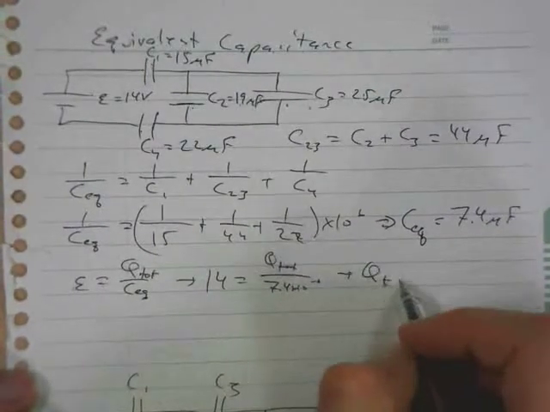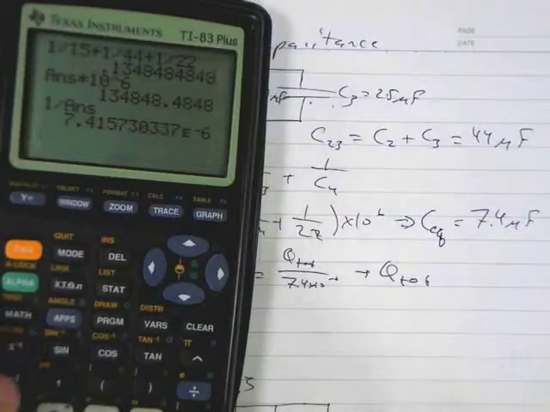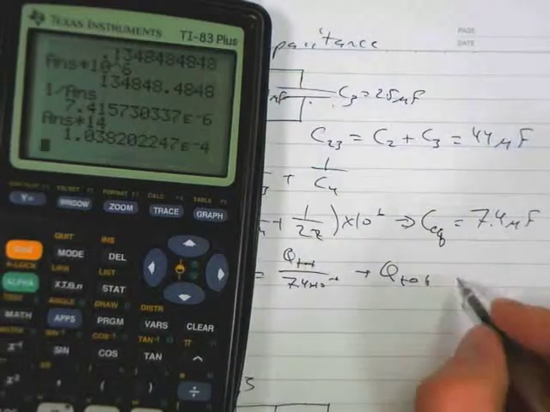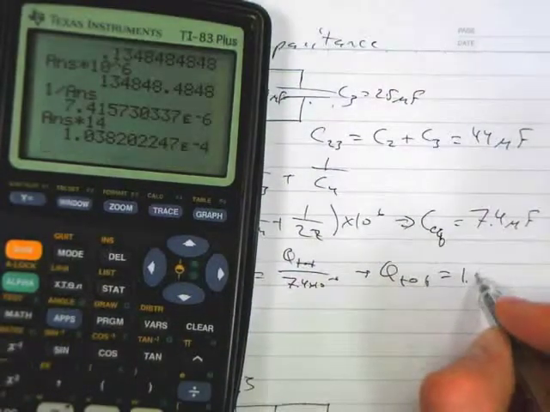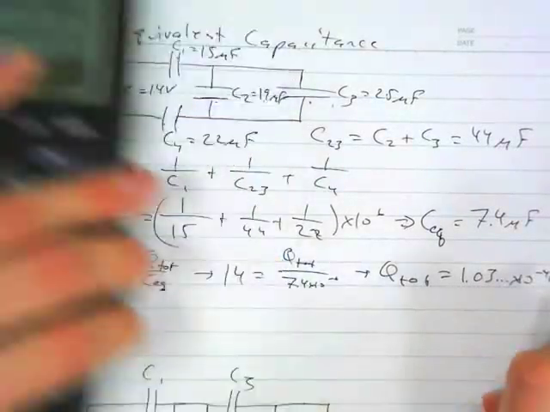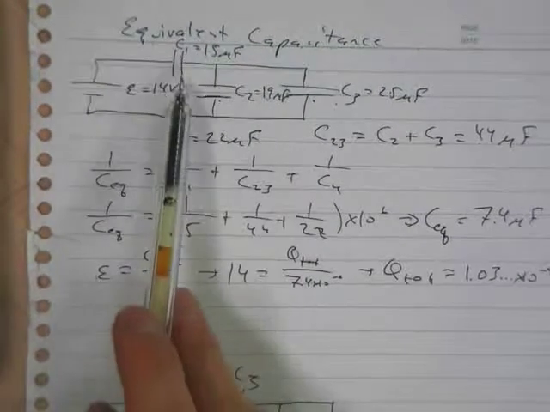So then the total charge is just that 7.4 times 10 to the minus 6 times 14, which is 1.03, etc., times 10 to the minus 4th coulombs.